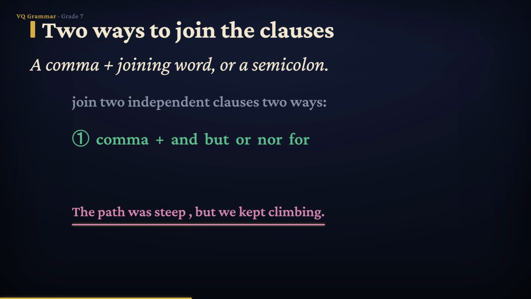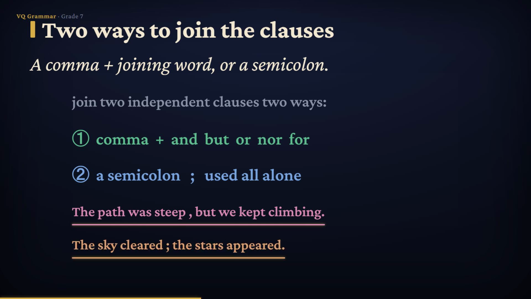Notice the comma, then the word but, linking the 2 clauses. The second way is even simpler, a semicolon, all by itself. The sky cleared; the stars appeared. That semicolon does the joining with no comma and no conjunction at all. One rule ties both together. Each half must still stand alone as its own sentence.